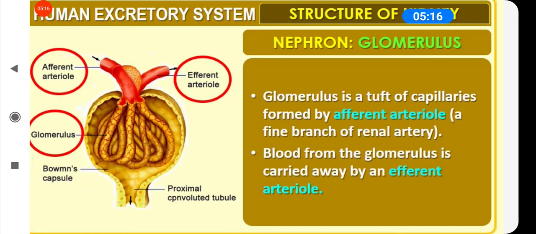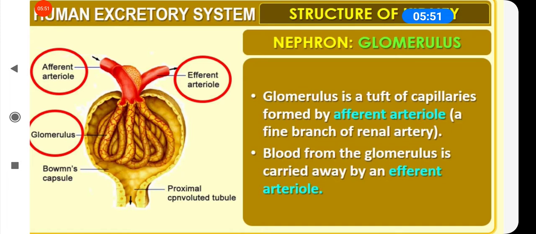Further branching of the arteriole forms capillaries, and the tuft of capillaries, present inside the Bowman's capsule, is called the glomerulus. The blood coming out from the glomerulus is carried by the efferent arteriole. Here the only difference is between A and E, and the glomerulus is a tuft of thin-walled capillaries formed by branching of the afferent arteriole.